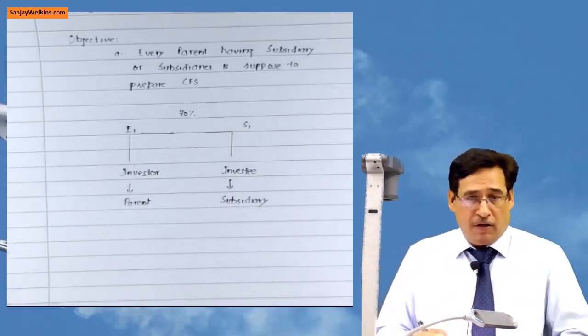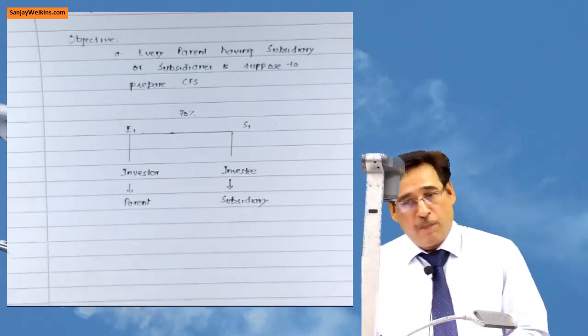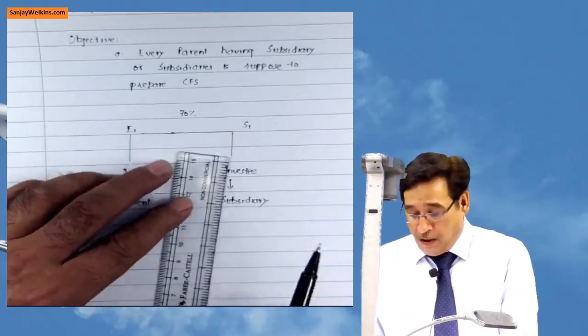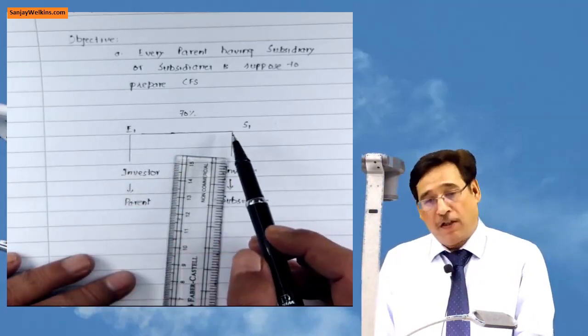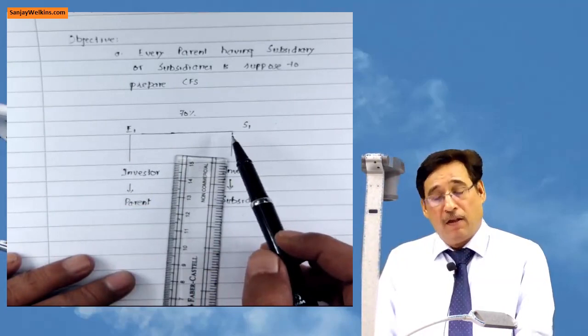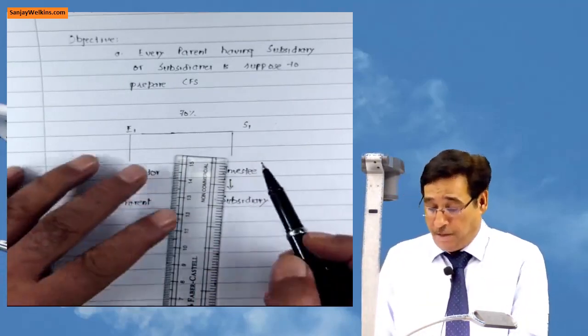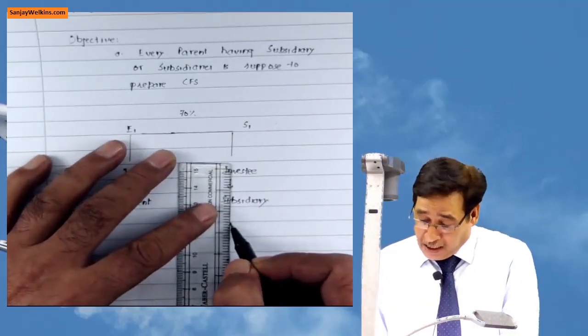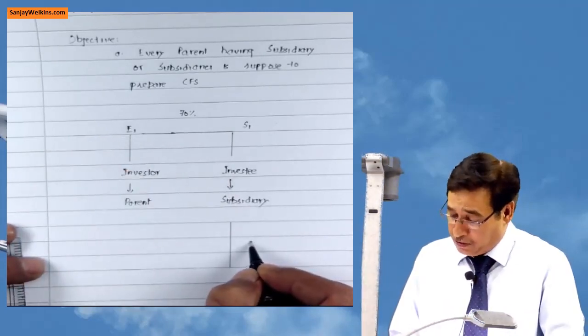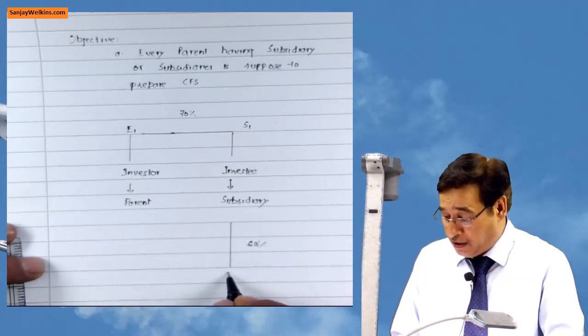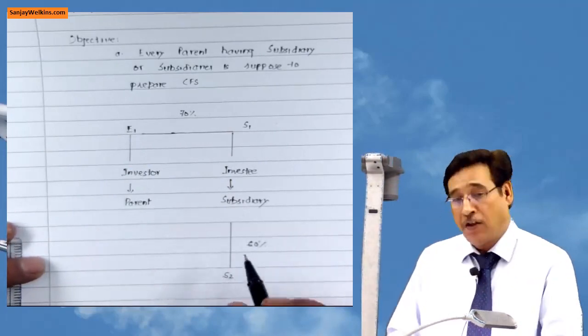Now just allow me to stretch this particular example further. I've already told you E1 has invested in 70% of the stakes of S1. Now we presume that S1 has invested, let us say, 60% in S2. There is another company in the market.